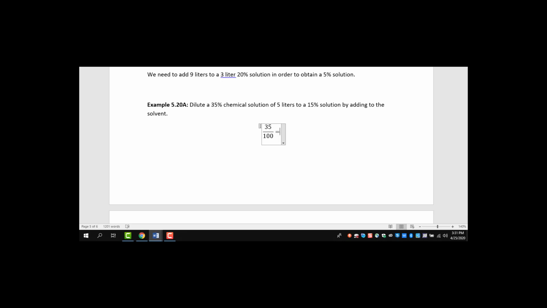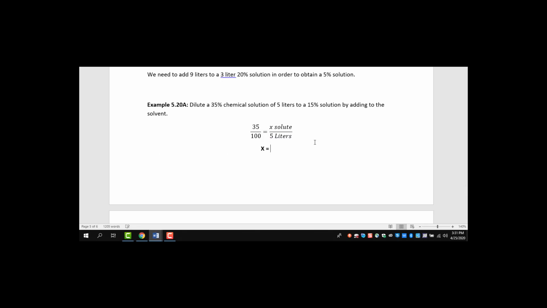And so what am I going to put there? Well, we don't know how much of the solute, but we do know that there's 5 liters. So we're just going to cross multiply and divide here. I'm going to let you do that, and I'll just put the answer in.